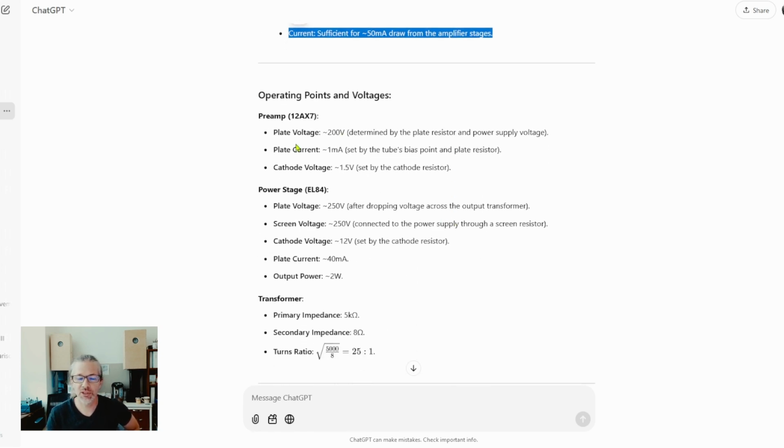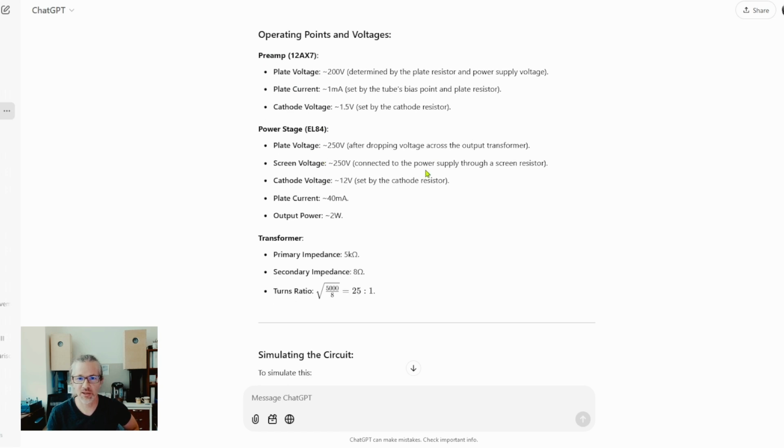Operating points and voltages, it kind of went, oh, look at that. Here it now has clarified that the screen voltage is through a screen resistor, so it's like in a triode mode. Yay, thank you. It's not making it obvious, but it says connected to the power supply through a screen resistor.